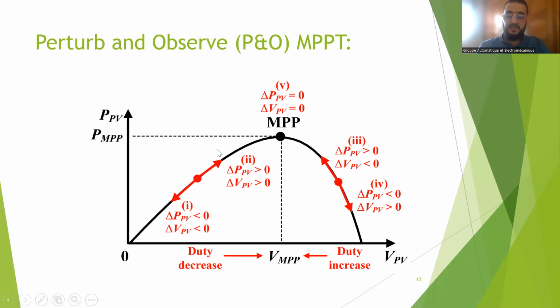If delta PV is negative, so we are in this region, we will decrease V until we get delta PV equal to 0, so we will get the MPP.